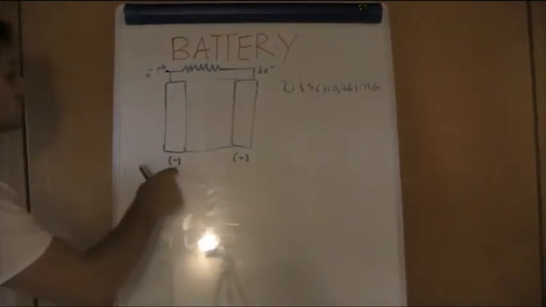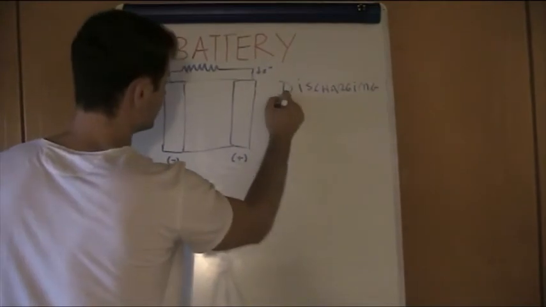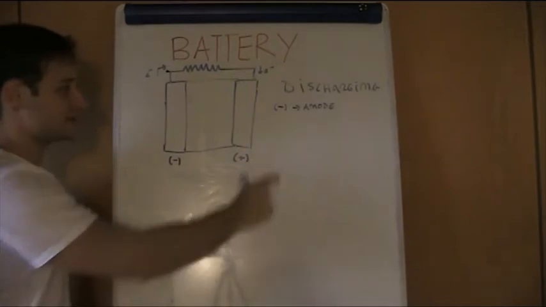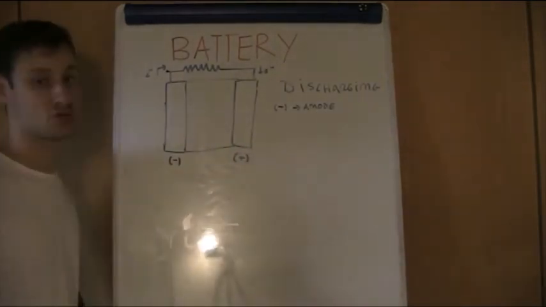During the discharging, the negative pole is an anode. Why? Because the anode basically means the place in which the oxidation is occurring.